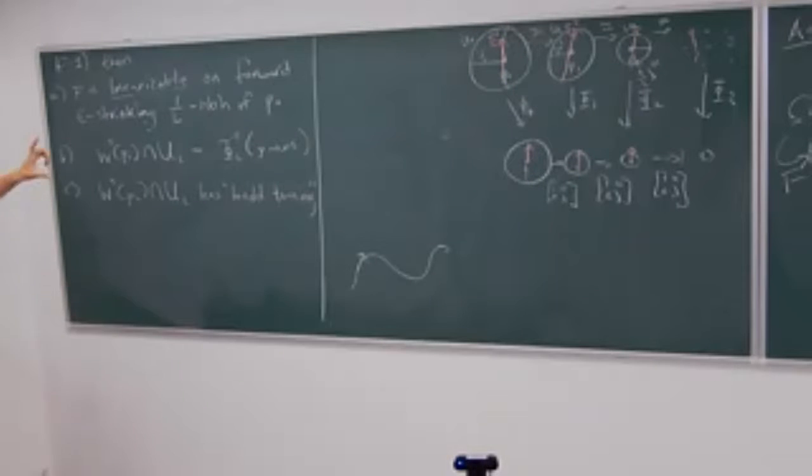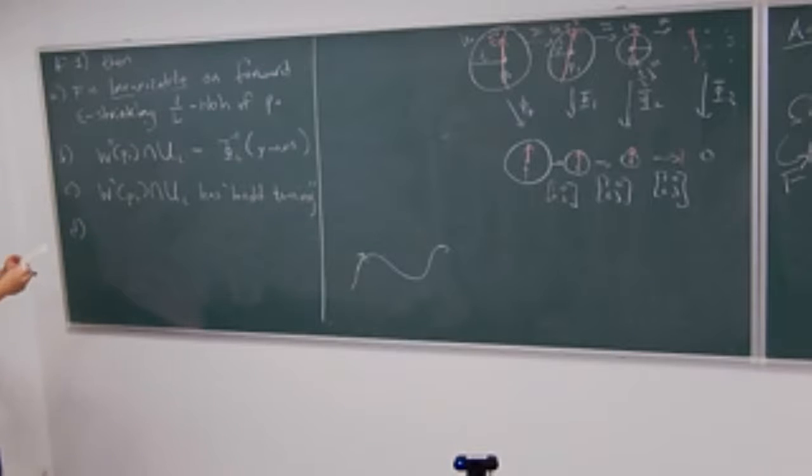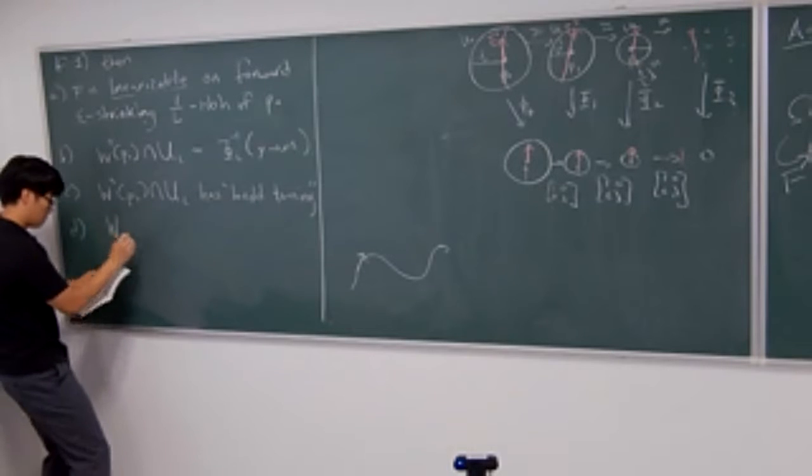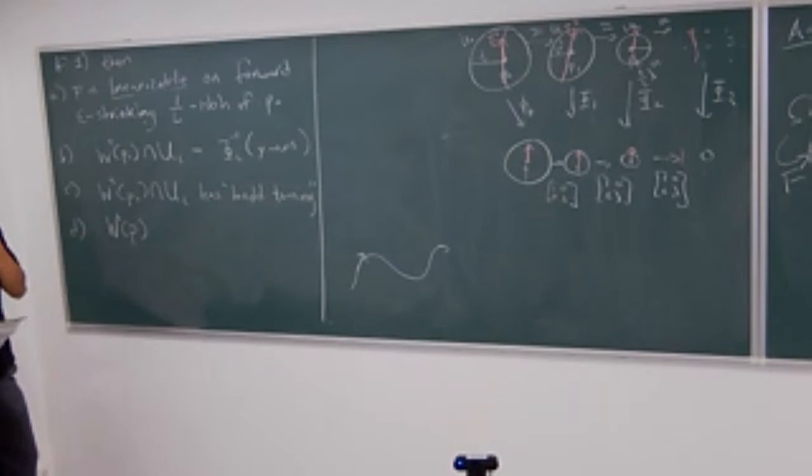So if you have regularity, then you have control of the geometry. And then one more is that the stable manifold depends continuously on the set of points with uniformly bounded regularity.